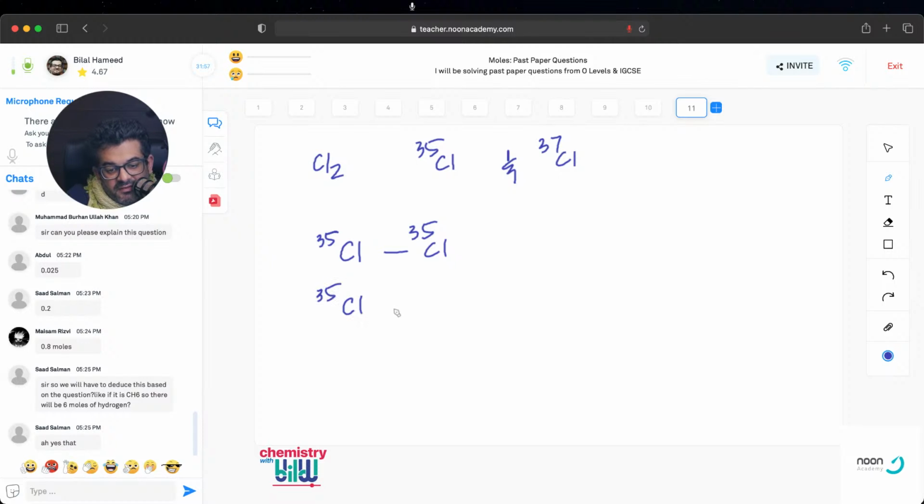Or what if one of them is 35 and one of them is 37? Or both of them can be 37. So Cl2 can have 3 different masses: 70, 72, 74. Yeah?